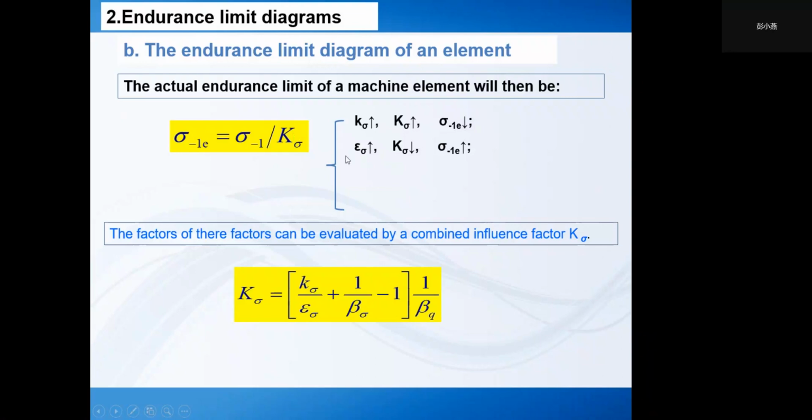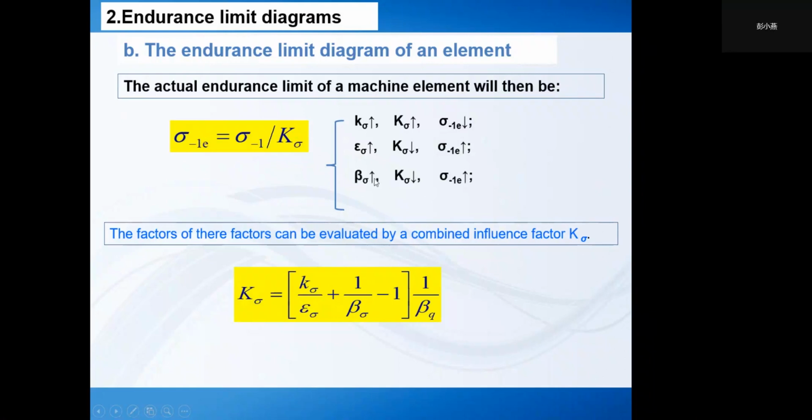And then the size factor epsilon sigma increases. If this increases, it means the size of the element will decrease, and then the combined influence factor will decrease, and then the endurance limit of element will increase.